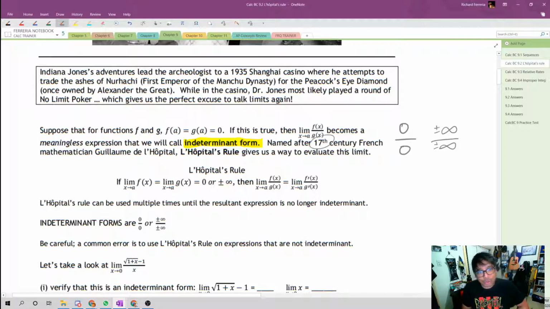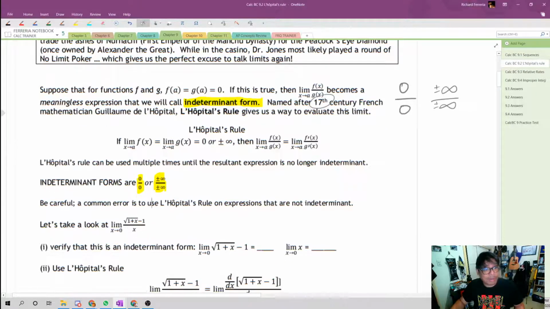Well, if that's true, then instead of evaluating f over g, we could evaluate f prime over g prime. So we can use derivatives to help us figure out our limits, which is a nice way that calculus and limits kind of dovetail together yet again.